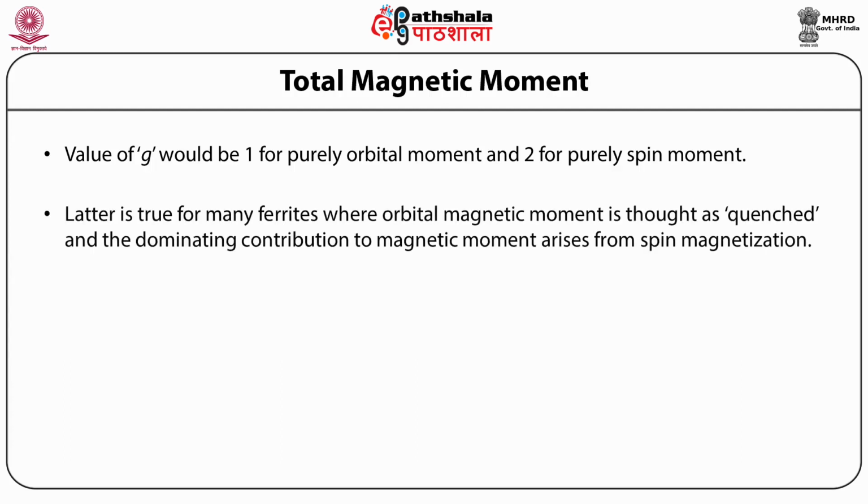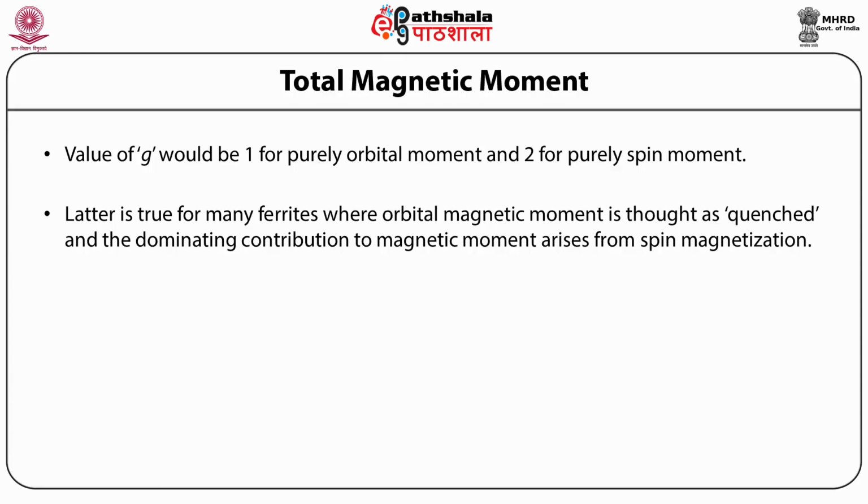The latter is true for many ferrites where orbital magnetic moment is thought to be quenched and the dominating contribution to magnetic moment arises from spin magnetization.